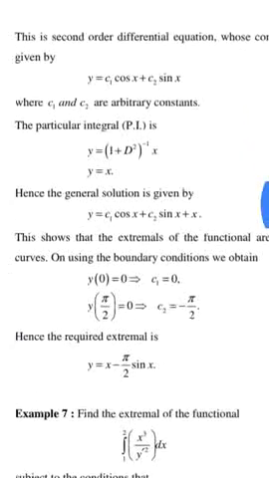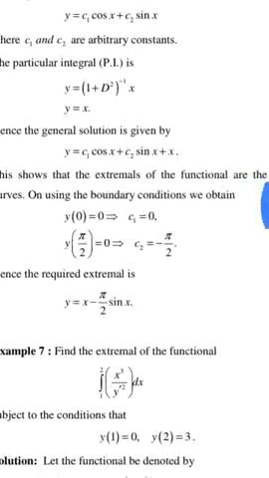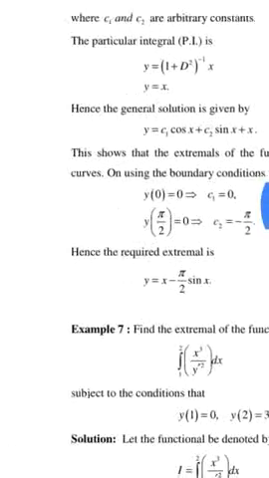The particular integral is given by 1/(1 + D²) x, which is (1 + D²)⁻¹ x. Therefore, the particular integral is equal to x, and hence the general solution of this equation is y is equal to c1 cos x plus c2 sin x plus x.